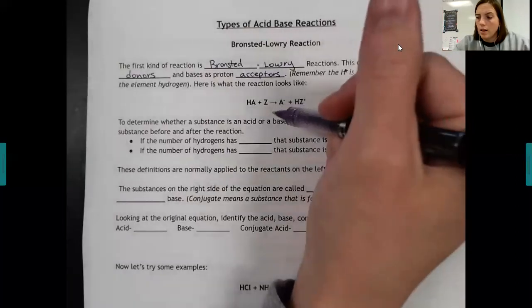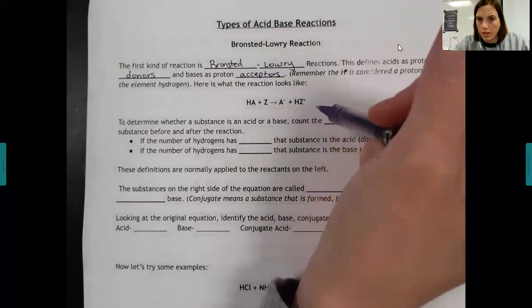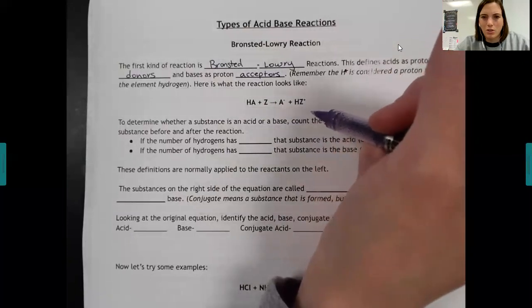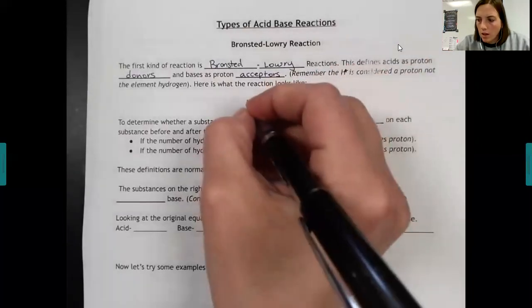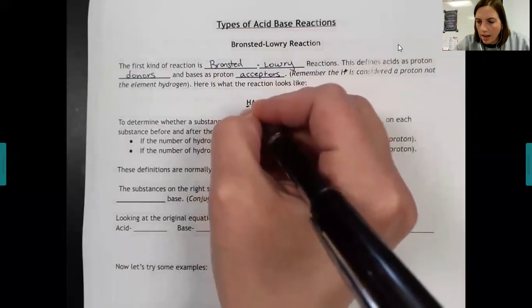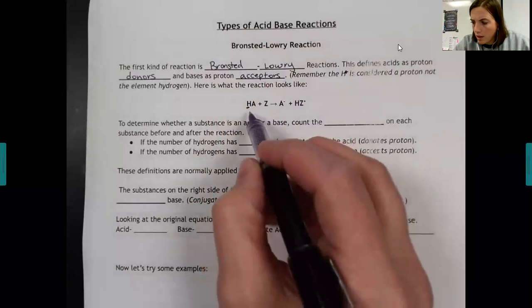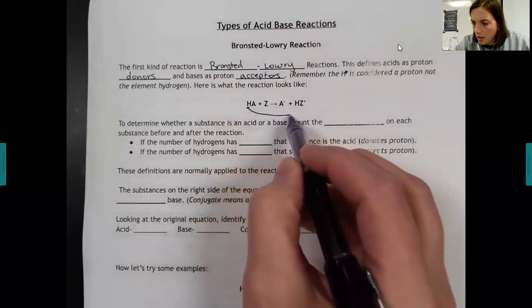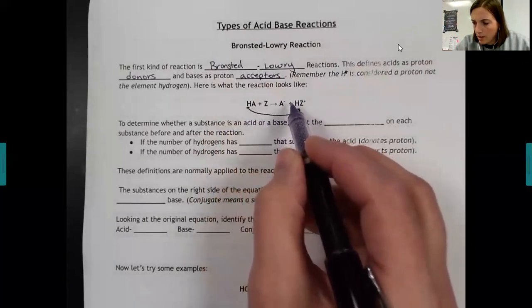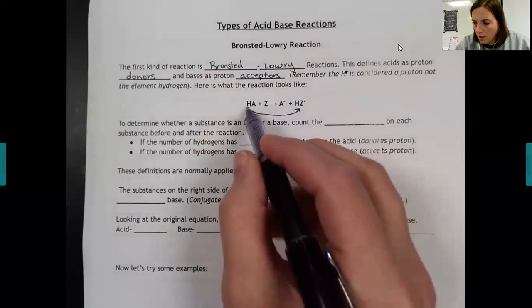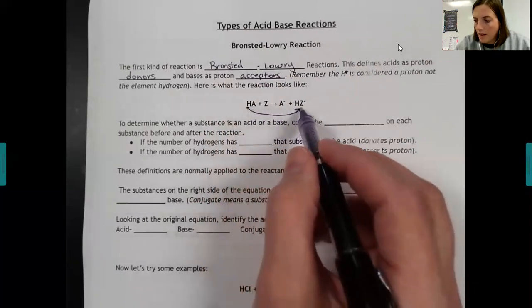Here's what it looks like, not in a compound, but just using letters to represent it. Here's the H in the acid, and it gets donated to the base. So the acid donates to the base, where it accepts it.